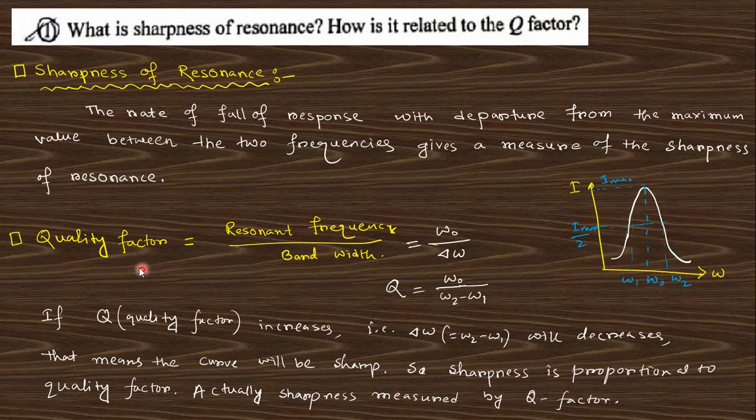This can be measured by the quality factor. This is the resonant frequency, where you obtain the maximum value, and the bandwidth is the half maximum frequency difference. If the quality factor increases, then delta omega decreases, meaning the curve will be sharp. So sharpness is proportional to the quality factor.